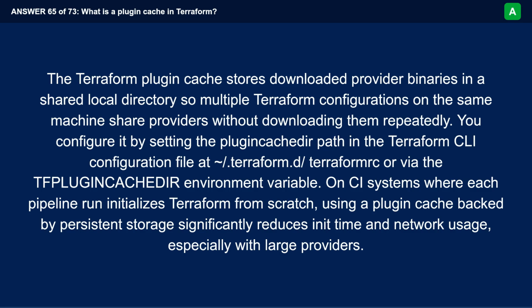You configure it by setting the plugin_cache_dir path in the Terraform CLI configuration file at ~/.terraformrc or via the TF_PLUGIN_CACHE_DIR environment variable. On CI systems where each pipeline run initializes Terraform from scratch, using a plugin cache backed by persistent storage significantly reduces init time and network usage, especially with large providers.